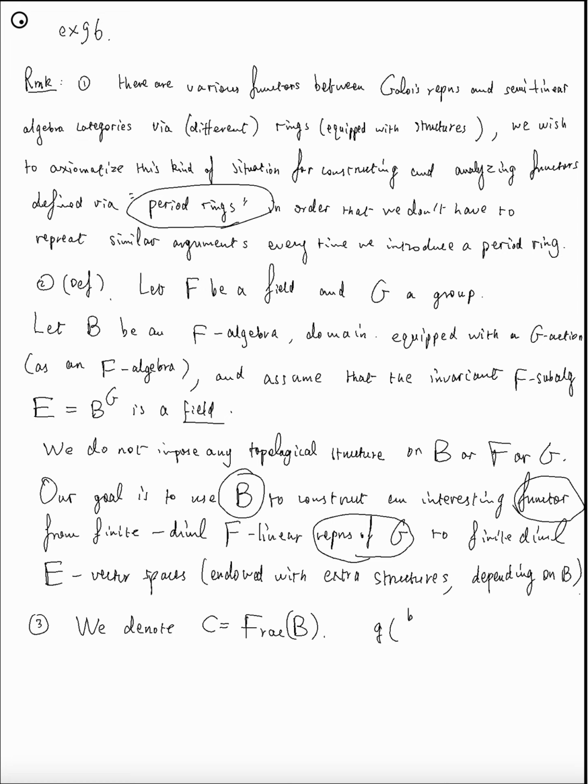And then G acts on elements of C, just by g(x) = g(a)/g(b), since B is an F-algebra.